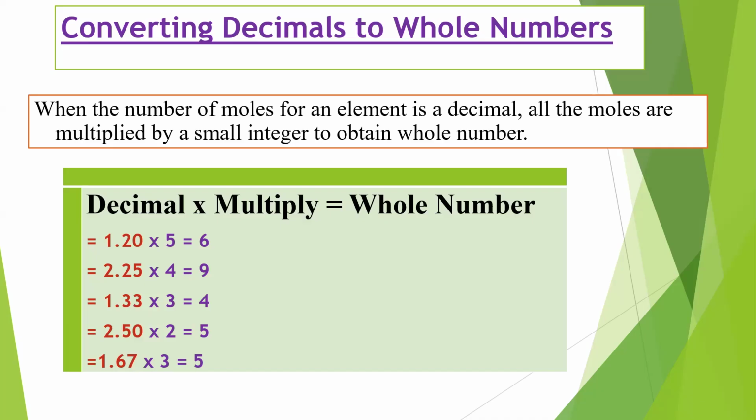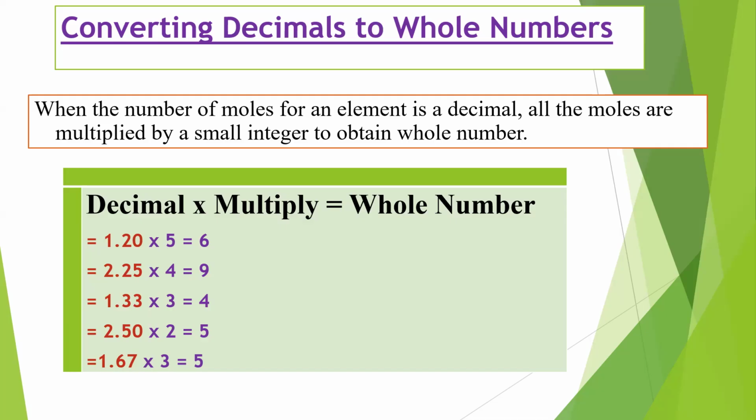If it is 2.5, 4.5, whatever, 0.5, then multiply with 2. If it is 1.67, then multiply with 3. Based on the decimal values, multiply with 1, 2, 3, 4, 5 like that, then you will get the simplest whole number ratio.